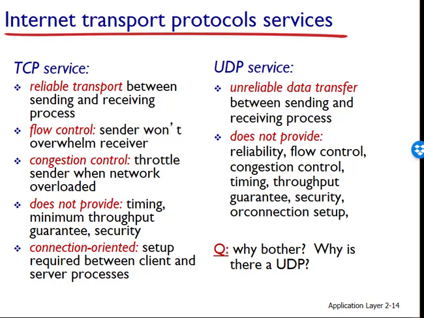The TCP service includes a connection-oriented service and a reliable data transfer service. When an application invokes TCP as the transport protocol, the application receives both services from TCP. Connection-oriented service simply means that TCP has the client and the server exchange transport layer control information with each other before the application-level messages begin to flow.